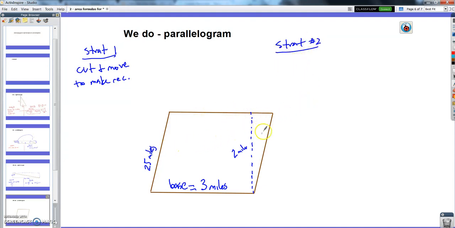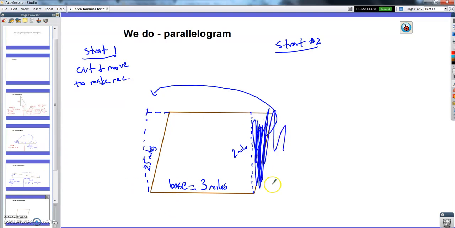So what I end up doing is I would take this piece and move it over there, and now it's not here anymore, now I have a rectangle. And if you notice, you get really lucky here, because the base of this rectangle is the same as the base of the parallelogram. It's 3. And the height of the rectangle is the same as the height of the parallelogram. The height of the rectangle is 2, and the height of the parallelogram was 2.